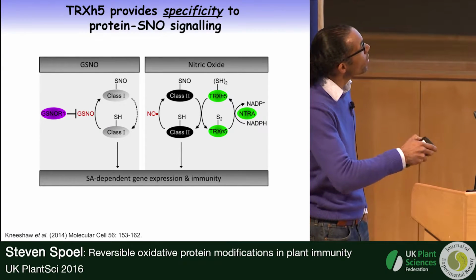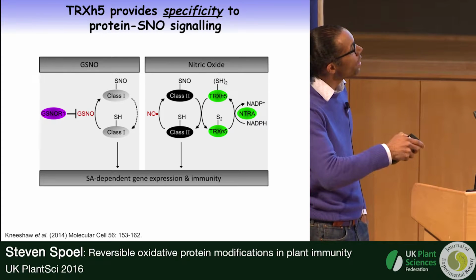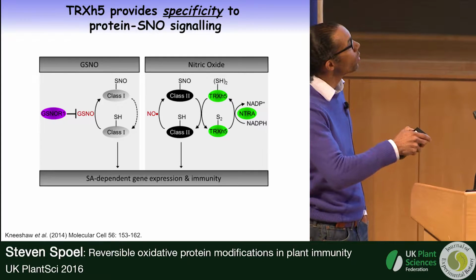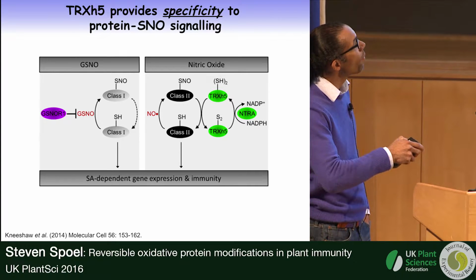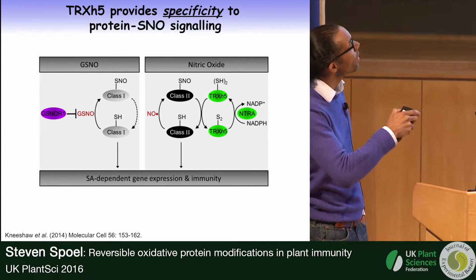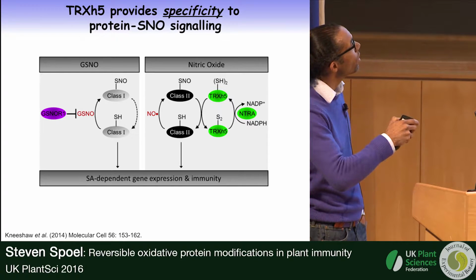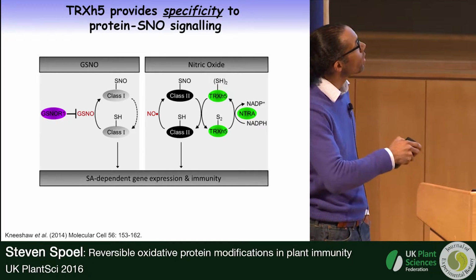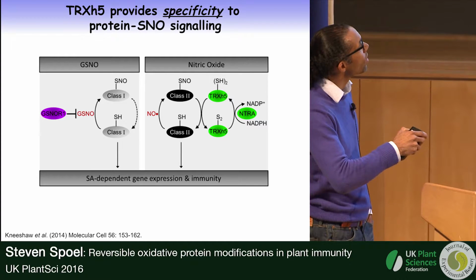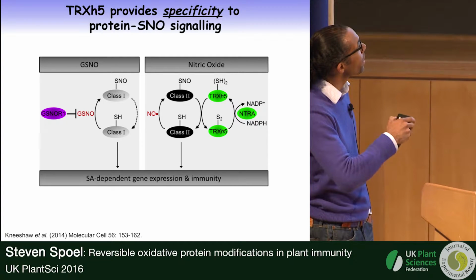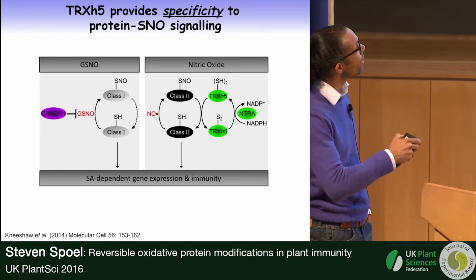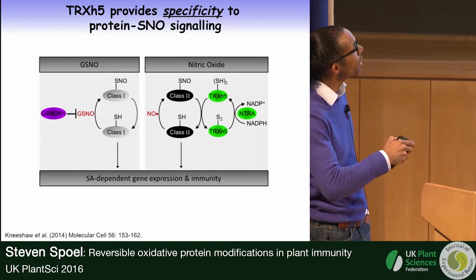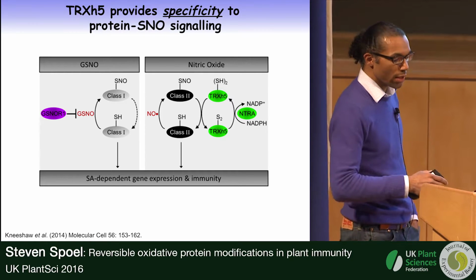So what we think is that Thioredoxin H5 only targets proteins which have been modified by free nitric oxide, whereas those that are modified by the natural donor GSNO are not targets of thioredoxin. And instead, those are probably regulated by GSNO reductase itself, which indirectly controls the levels of these proteins by governing the levels of GSNO.